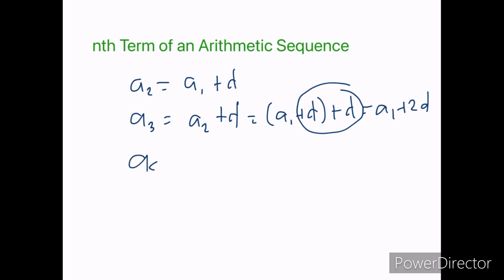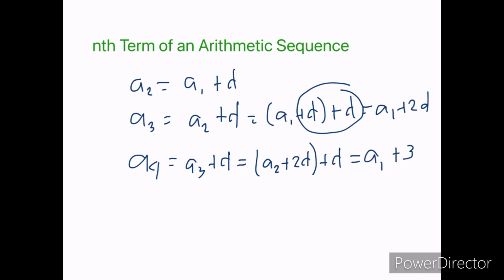Next, for a sub 4 is equal to a sub 3 plus d equals open parenthesis a sub 2 plus d, or a sub 1 plus 2d close parenthesis plus d, which is equal to a sub 1 plus 3d.